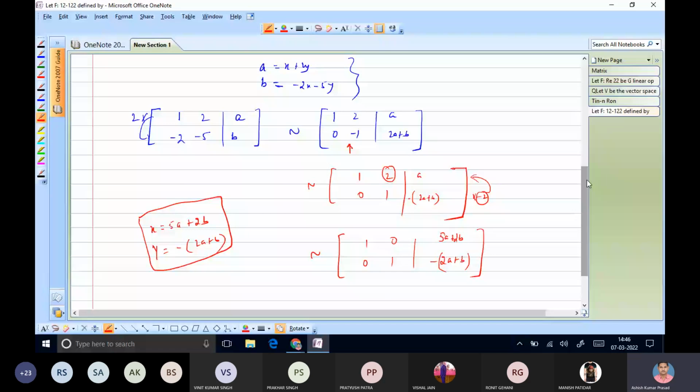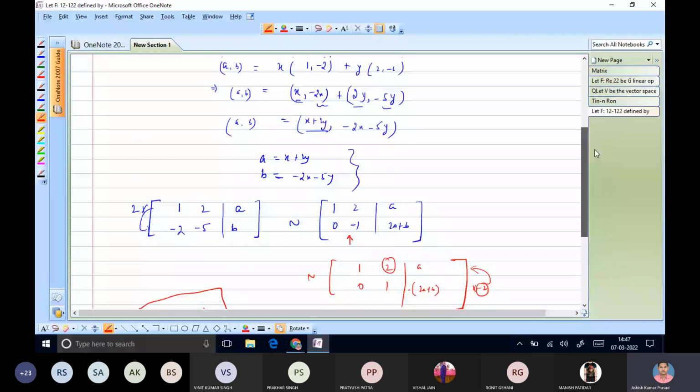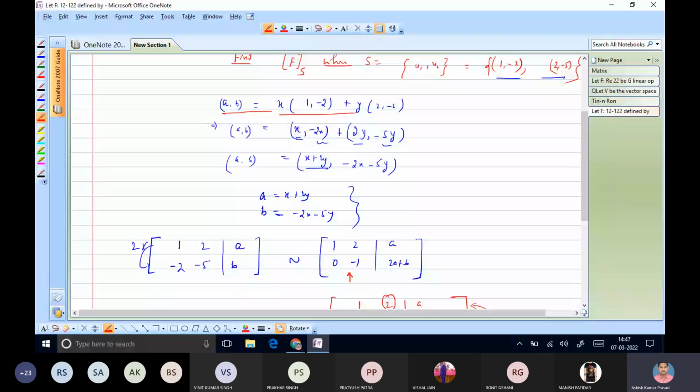So what is the beauty of this? You can write your (a, b) in terms of u1 and u2. This is your u1, this is your u2.